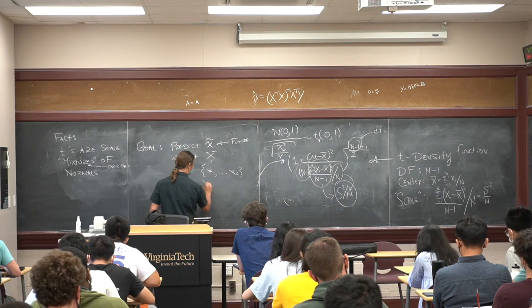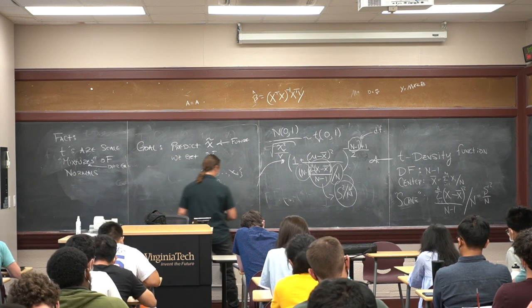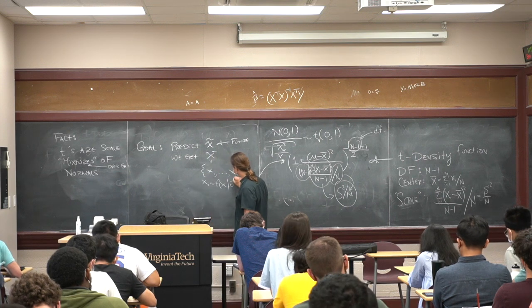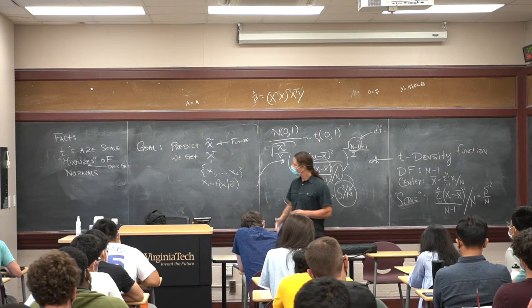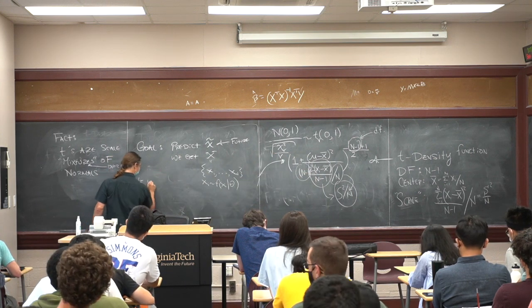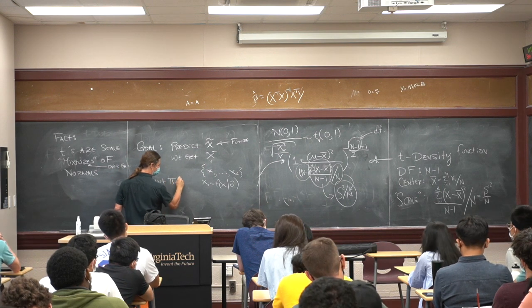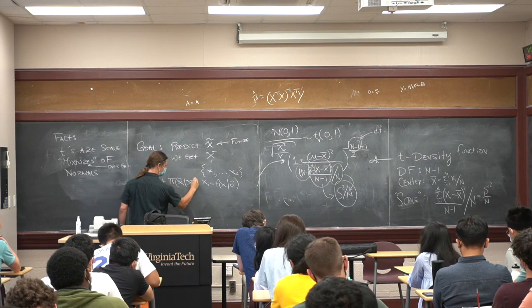We'll talk about that afterwards. The xi's come from some distribution, f of x given theta. So we want pi of x tilde given x.